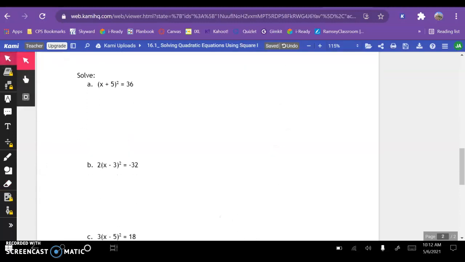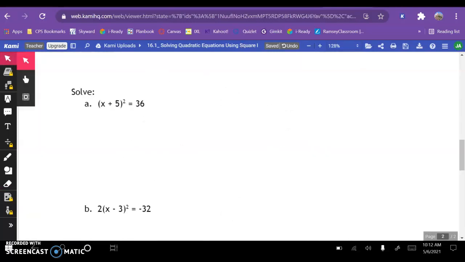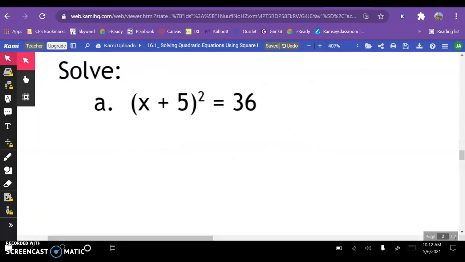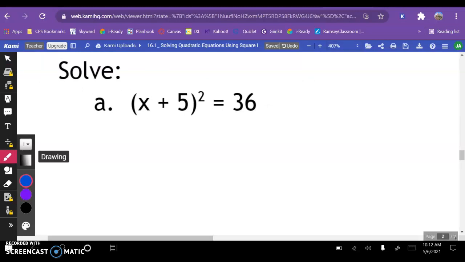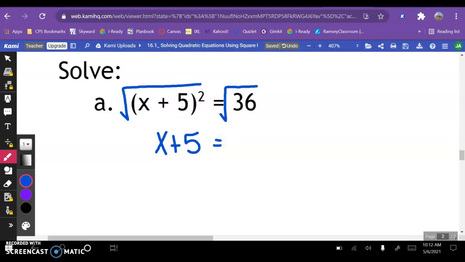All right, and then for our last 3, we're still doing the same thing. We're solving for x, except this time we have the quantity of x plus 5 squared. Just our x is not squared. So what we have to do here is take the square root first to cancel out that squared. So we would have x plus 5 equals, and then the square root of 36 would be 6, but remember it's positive or negative 6.